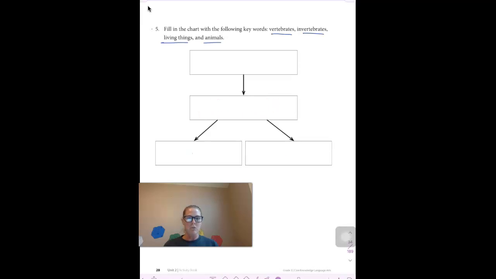And then we're going to have 2 groups that are very specific. Sometimes it's easier to start from the bottom. I think vertebrates and invertebrates are very specific categories. The overarching thing that we're talking about here is living things. All living things, okay?